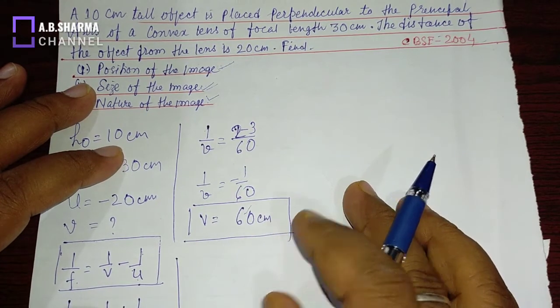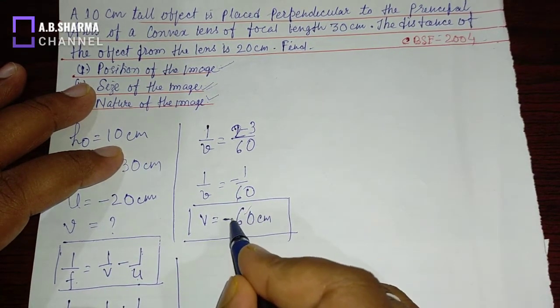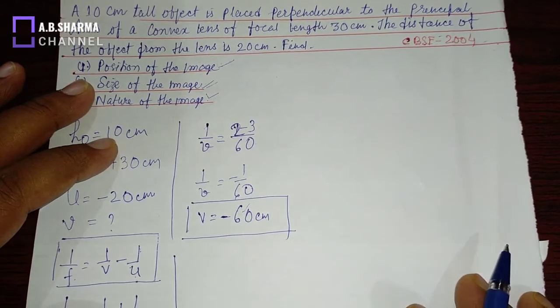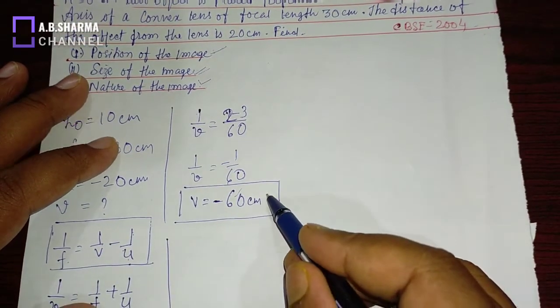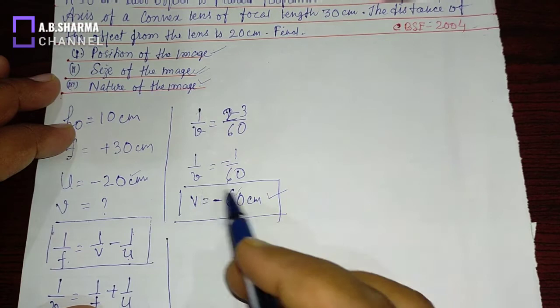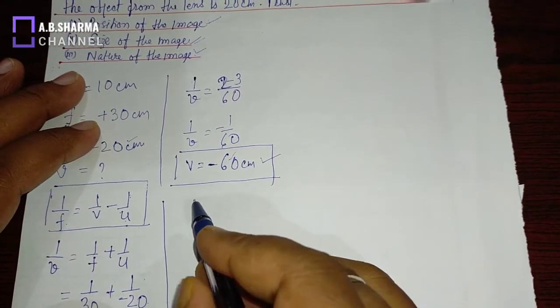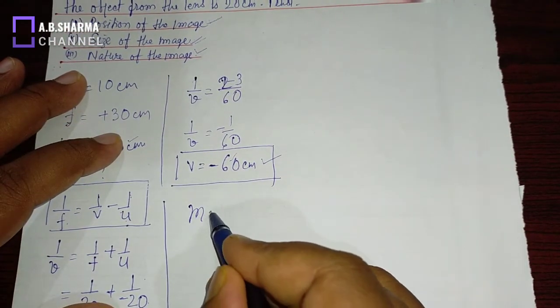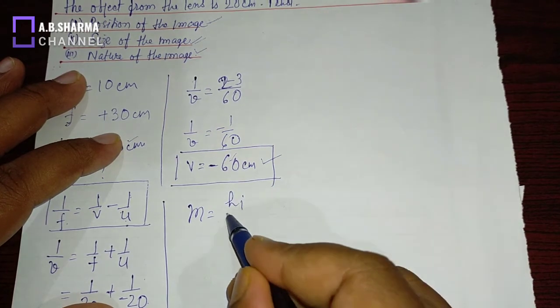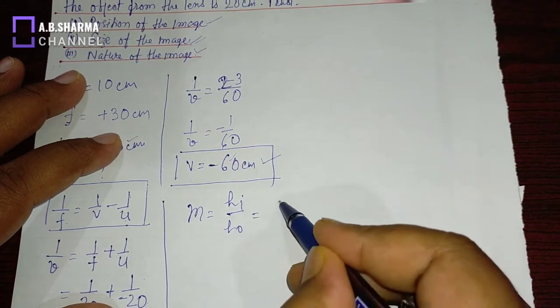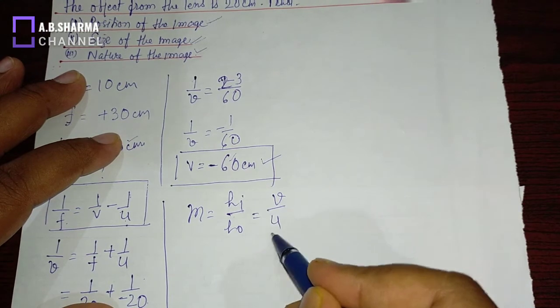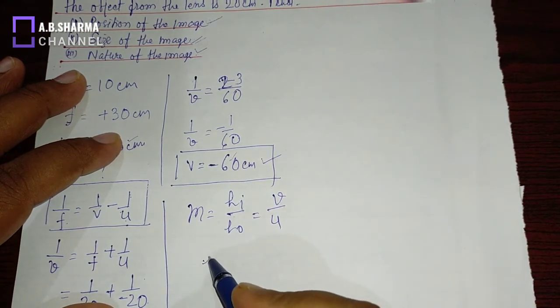Image distance is negative. This is the case of magnified image. So we have calculated image distance, object distance is given. Now we will calculate magnification. Magnification equals to hi over ho, and this is equal to v over u. So we have to calculate the height of the image.